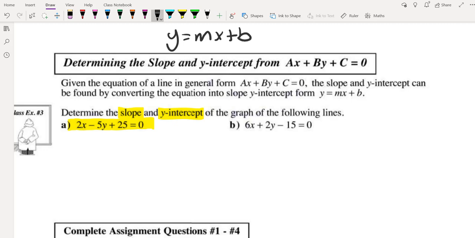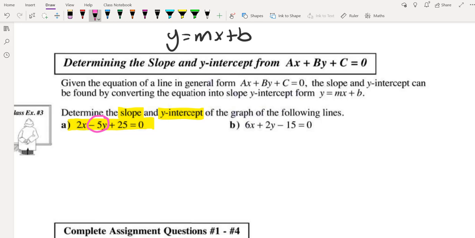Y on one side of the equation, everything else on the other side. The y term is positive. So when we look at our expression and find our y term, if it's positive, we keep it on that side of the equation and move everything else. If it's negative, we move that y term to the other side of the equation.